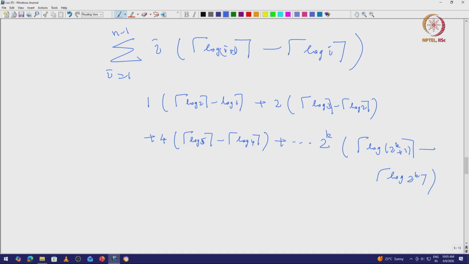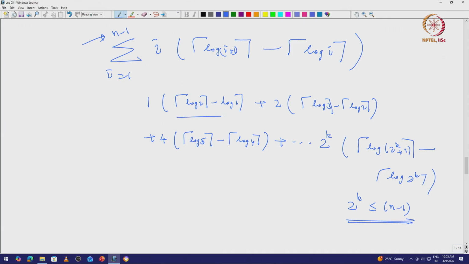Only powers of 2 terms will survive. What is 2 power k? 2 power k is the largest power such that it is less than or equal to n minus 1, because the sum goes up to n minus 1. So, only powers of 2 terms will be there, all other terms will become 0.